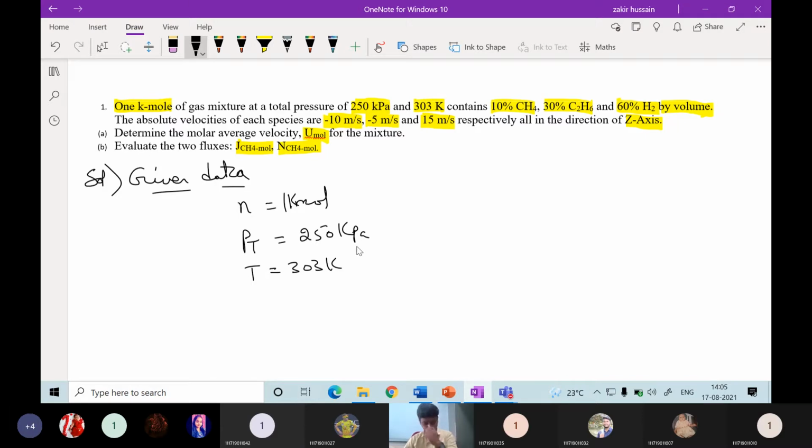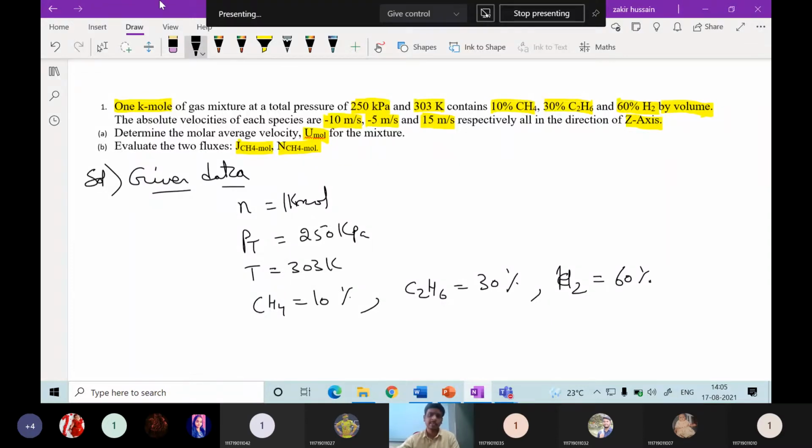Then percentage by volume: CH4 is equal to 10 percent, C2H6 is equal to 30 percent, together 40, and H2 is equal to 60 percent. Together they are 100 percent by volume.